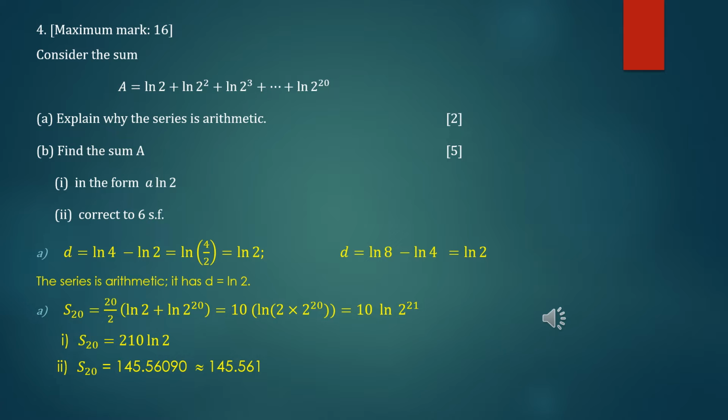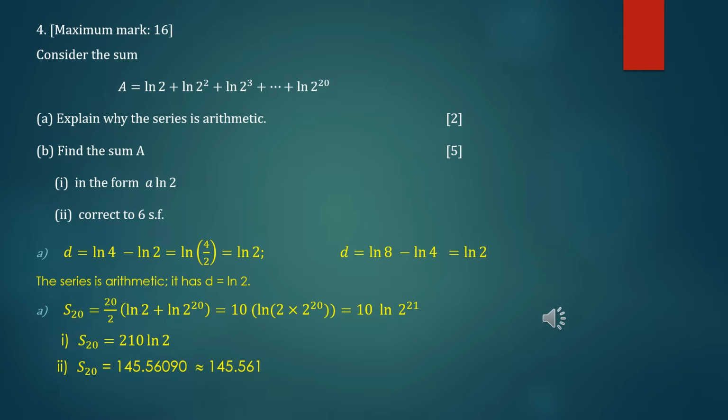Okay, so we simplify this because it must be in the form A ln2. So the final answer for this part is that the sum of the first 20 terms equals 210 ln 2.